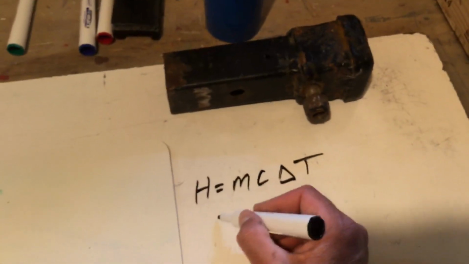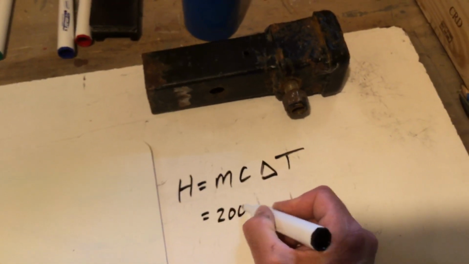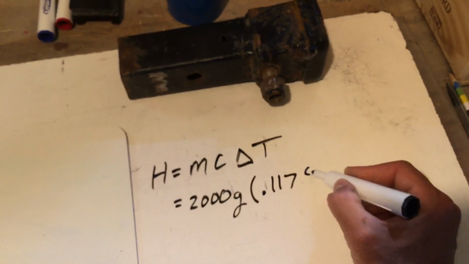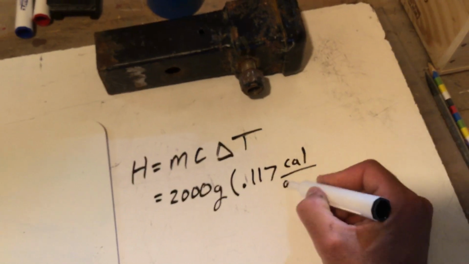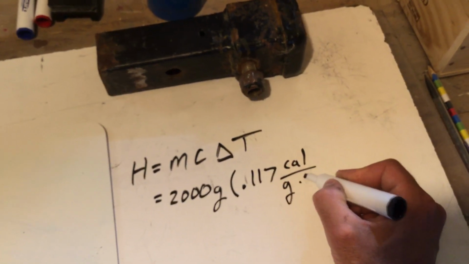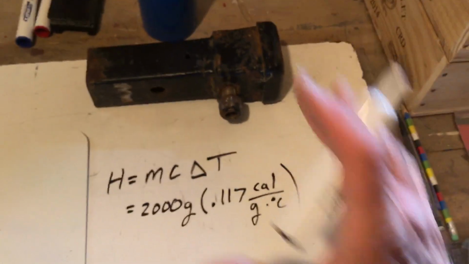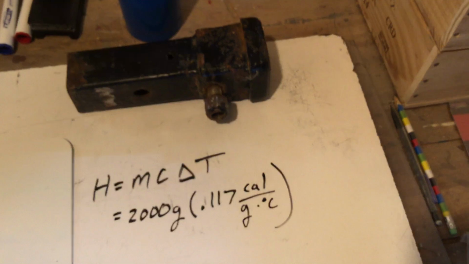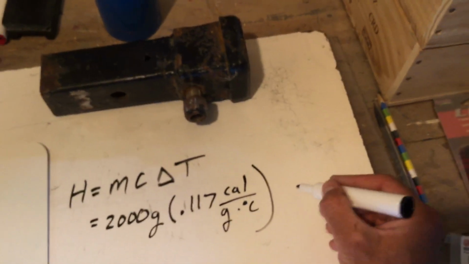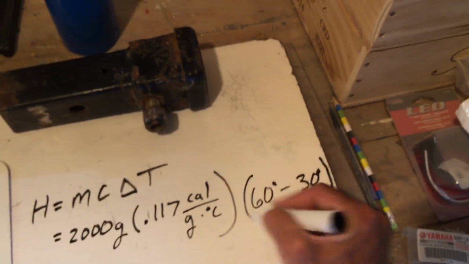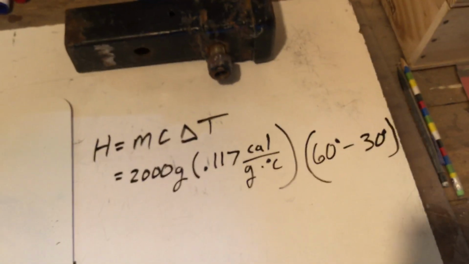Now I massed this, and it comes out to be about 2,000 grams. As I said before, I looked up the specific heat. It's 0.117 calories over grams times degrees Celsius. And the change in temperature, I'm going to heat it from room temperature 30 degrees up to 60 degrees. So change in temperature would be 60 degrees minus 30 degrees, or if you're paying attention, you could have just put a 30 in there.